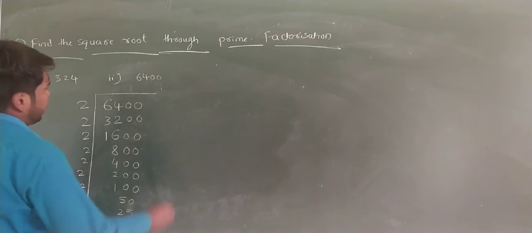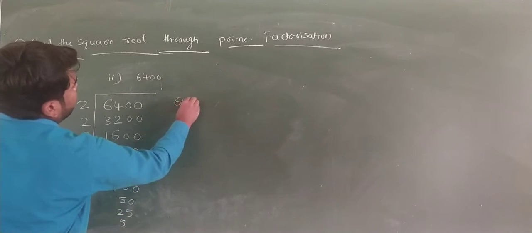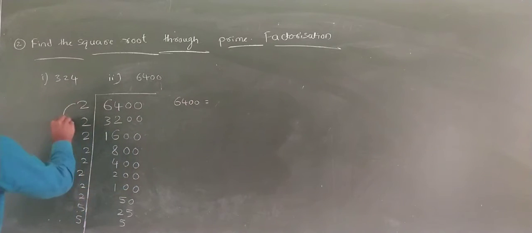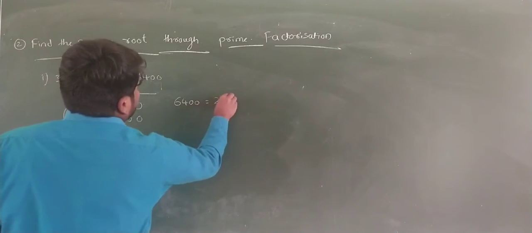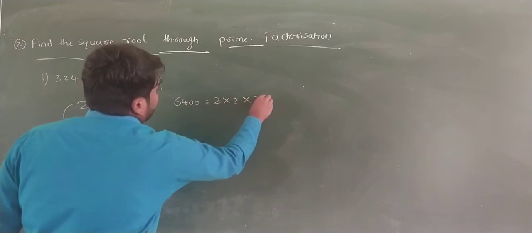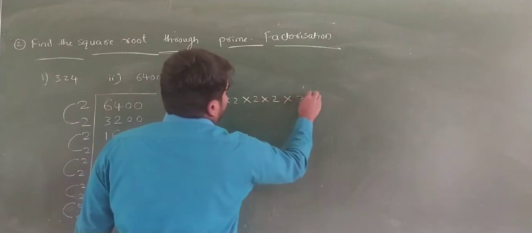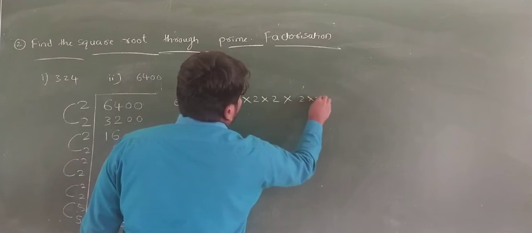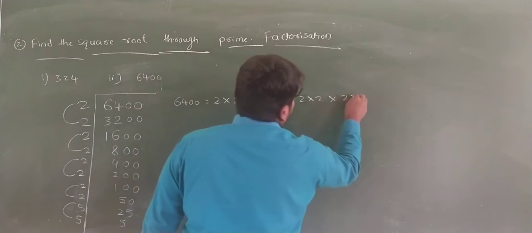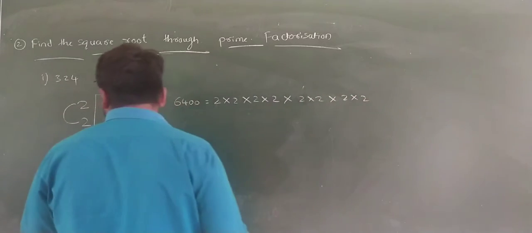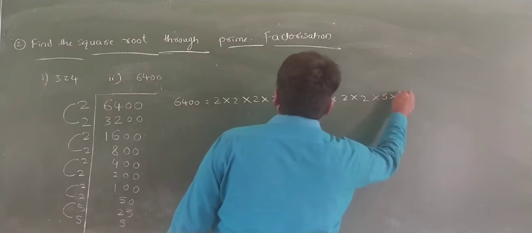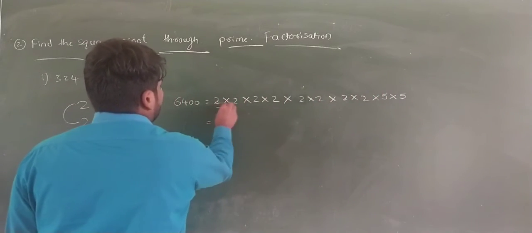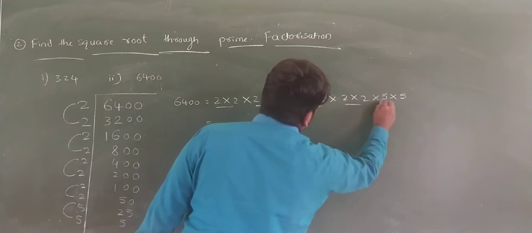Okay, so write the factors of 6400. You have 1, 2, 3, 4, 5 pairs. 2 into 2 is one pair, 2 into 2 second pair, 2 into 2 third pair, 2 into 2 fourth pair, and the last pair is 5 into 5. Okay, from these pairs you have to write only one.